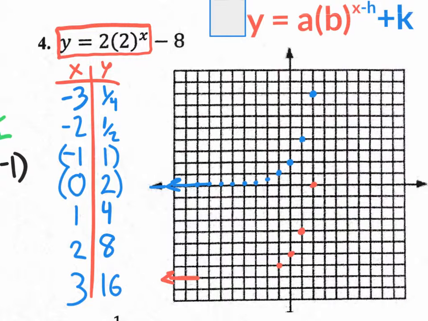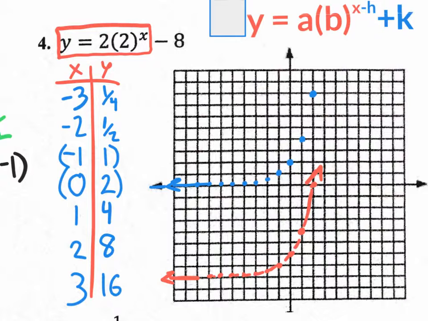This halfway point is going to go down 8 units to that other halfway point. And we know it gets smaller and smaller, and it's infinitely approaching the asymptote, and the asymptote is y equals -8. So all we need to do now is connect the dots, put some arrows on each side of it, and we have our graph.